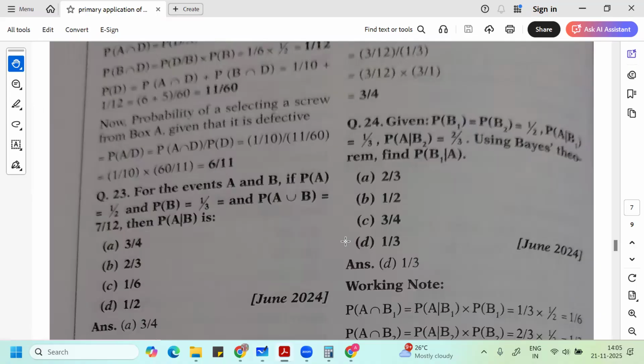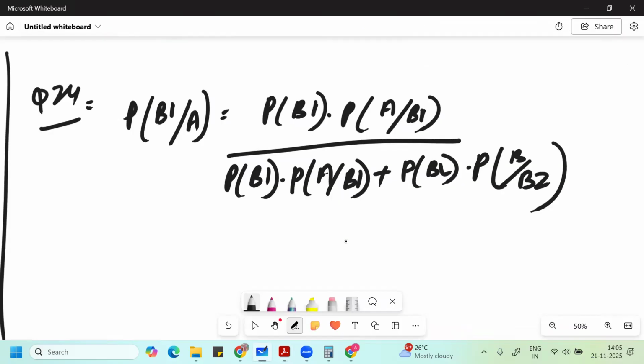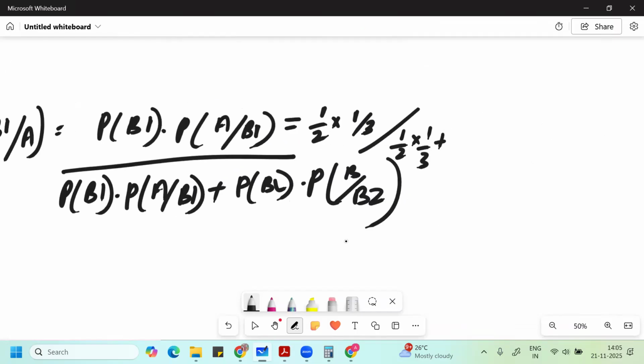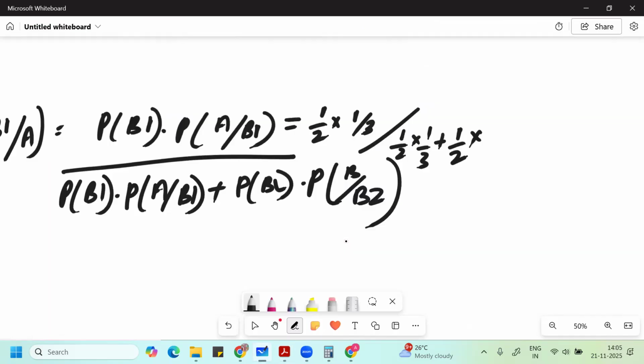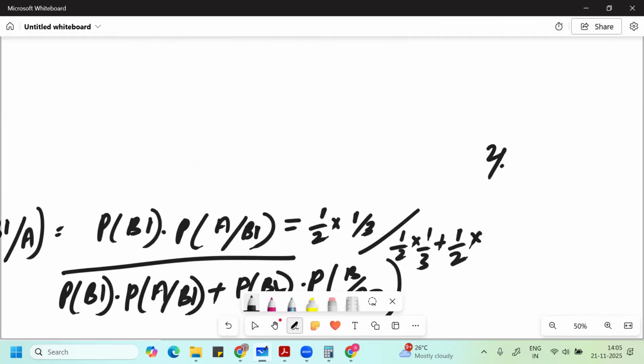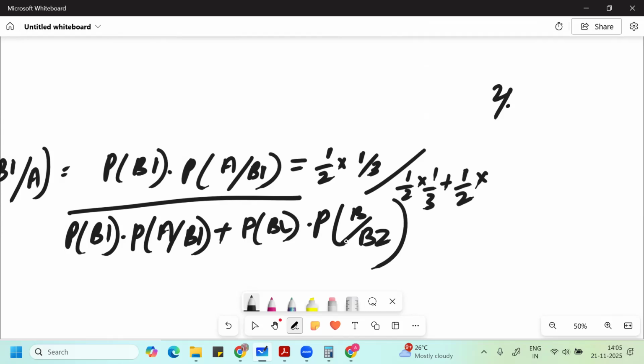So probability of B1 is 1 by 2. Probability of A by B1 is 1 by 3. So 1 by 2 into 1 by 3, this whole divided by 1 by 2 into 1 by 3 plus 1 by 2, choosing B2, and probability of A by B2 is 2 by 3.